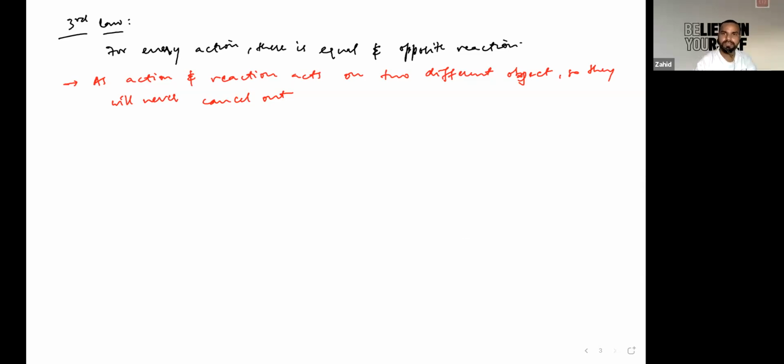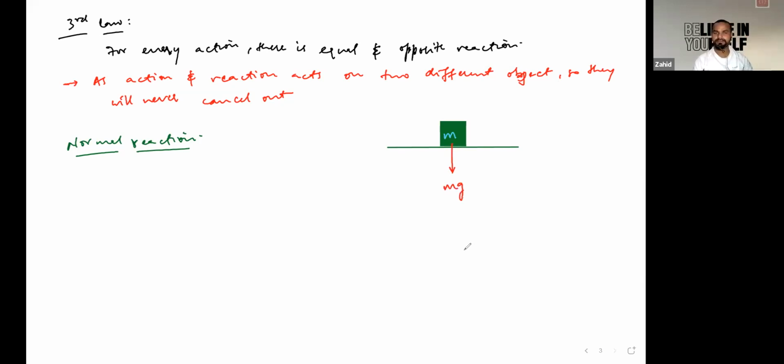Now, on the basis of this third law, we have to define first how to calculate normal reaction, or what do you mean by normal reaction? There are two different meanings of this particular normal reaction. First, if you have a block on a particular surface like this, so this block having some mass m must be exerting some amount of force on this surface due to its gravity.